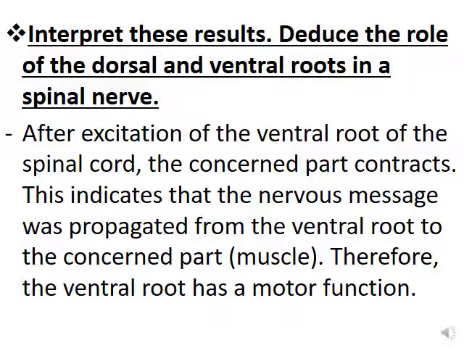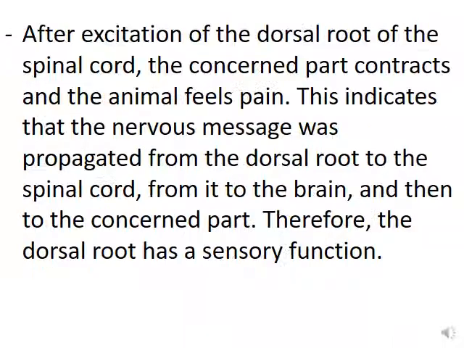This indicates that the nervous message was propagated from the ventral root toward the concerned part, which is the muscle. Therefore, the ventral root has a motor function. While after the excitation of the dorsal root of the spinal cord, the concerned part contracts and the animal feels pain.